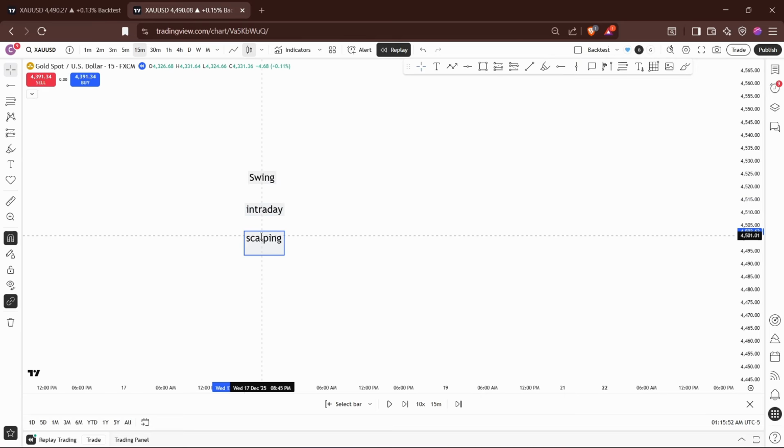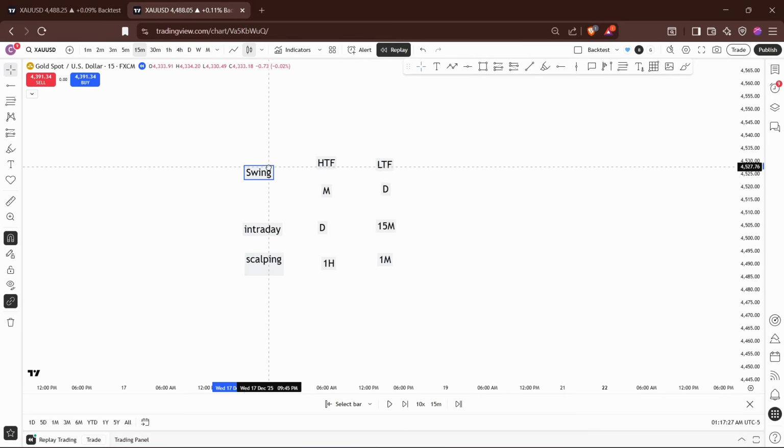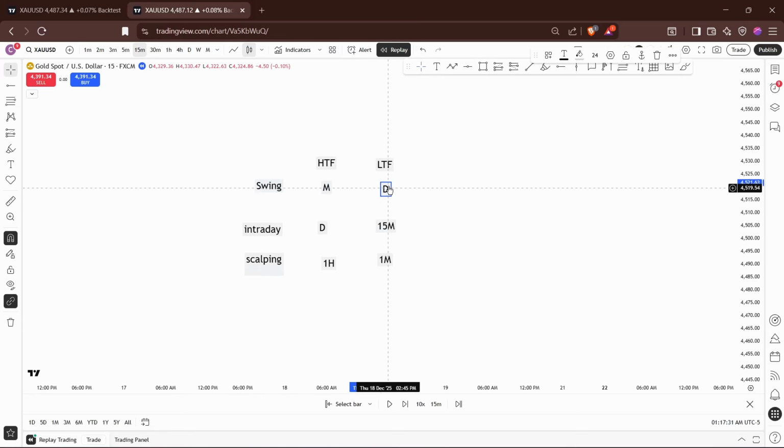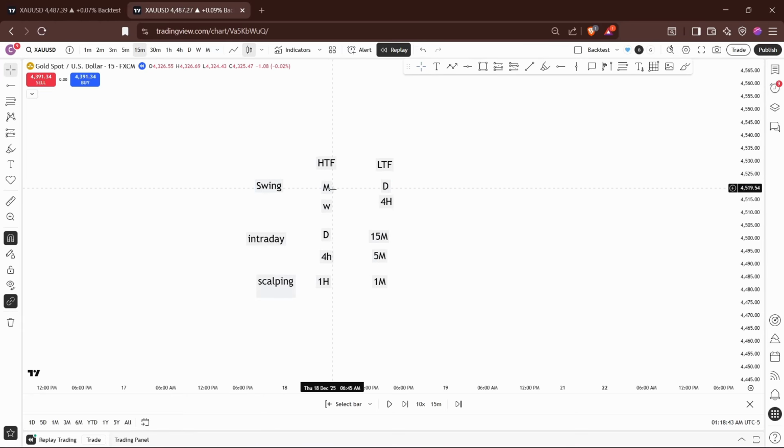We will see the time frames for swing trading. For swing trading, you can use monthly as a higher time frame and daily as the lower time frame, and weekly as a higher time frame and 4 hour as a lower time frame. For intraday, you can use daily as a higher time frame and 15 minute as a lower time frame for confirmations, and 4 hour as a higher time frame and 5 minute as a lower time frame.